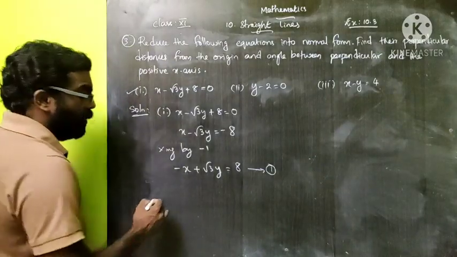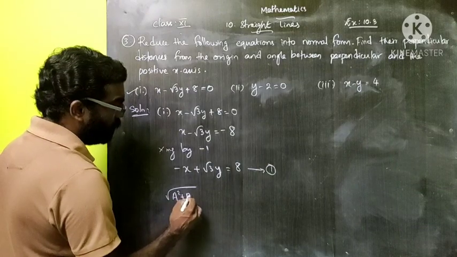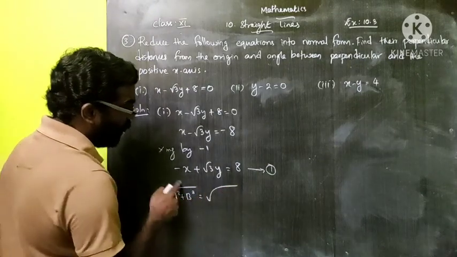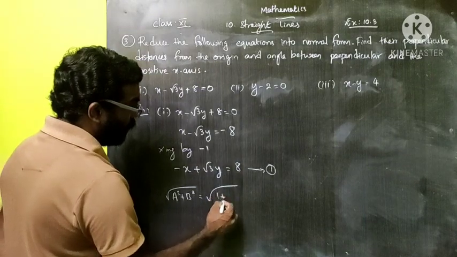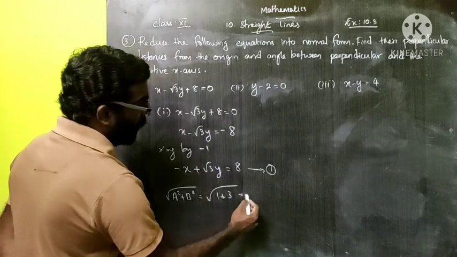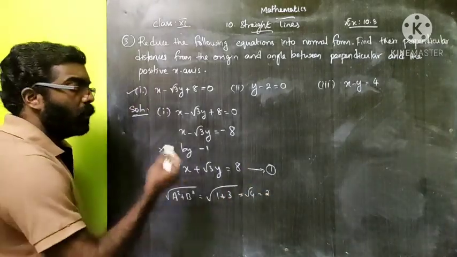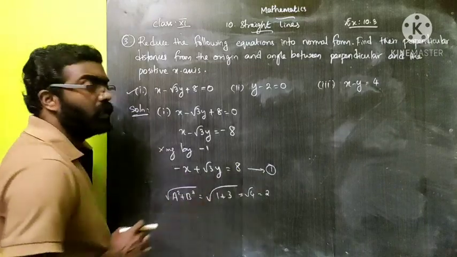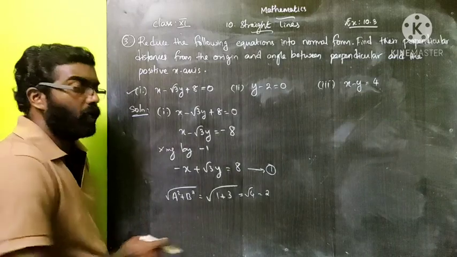Now we have to find the value of root a square plus b square. Here the value of a is minus 1. So minus 1 square is 1. Then root 3 square is 3. So we get root 4 which is equal to 2. Next we have to divide equation 1 by this number, that is root of a square plus b square.